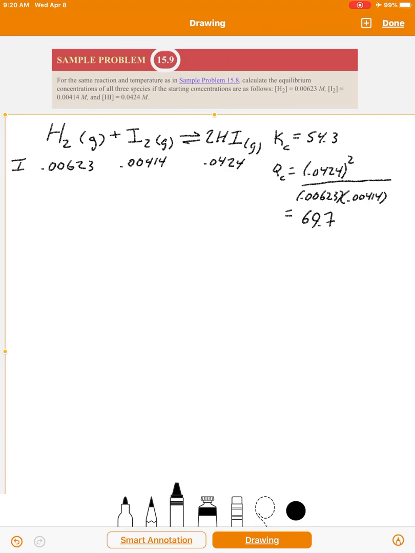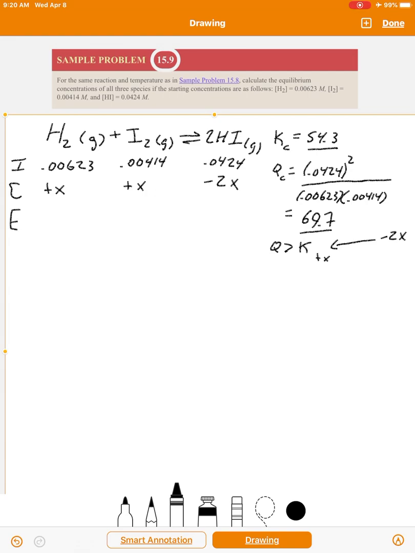Okay, so that tells us that Q is greater than K, which means the reaction is going to go toward the reactant side. So you'll have minus 2x on the left, and then plus x for all of the reactants. So plus x for H2, plus x for I2, and then minus 2x for HI.